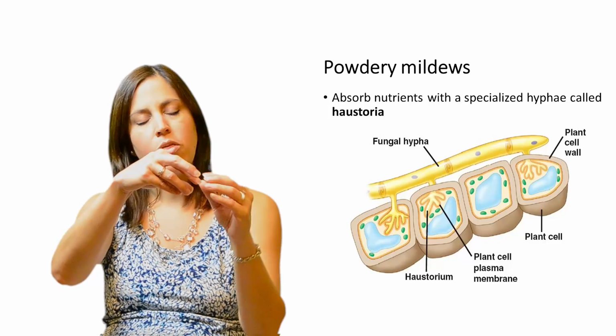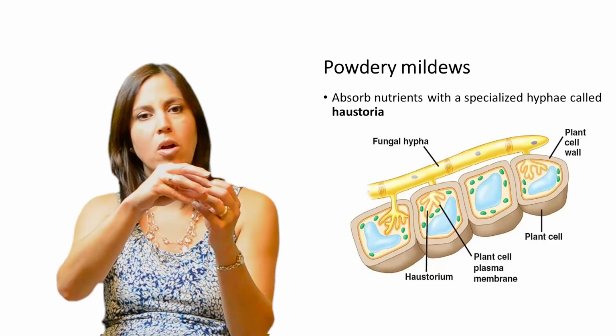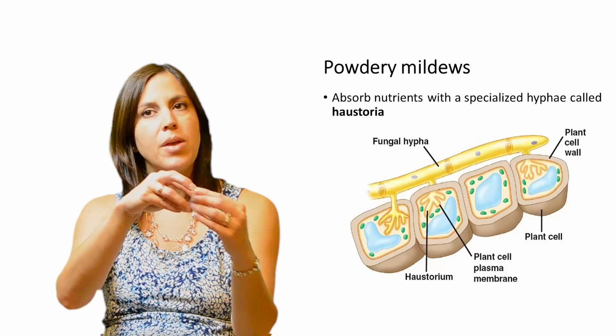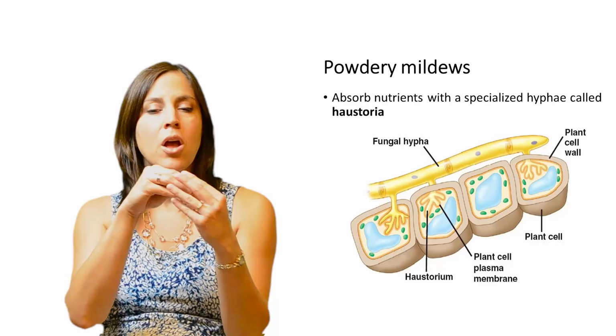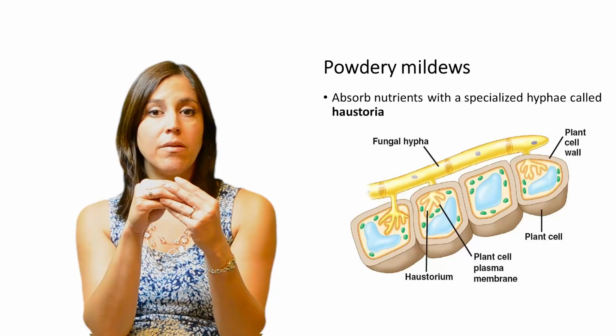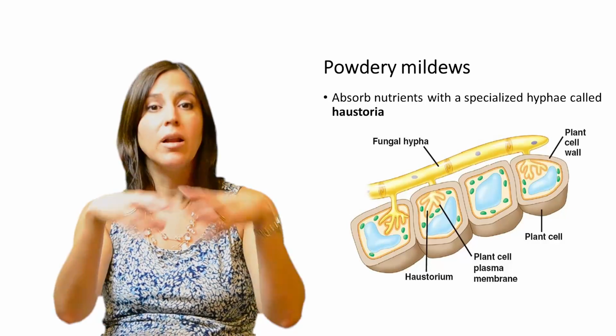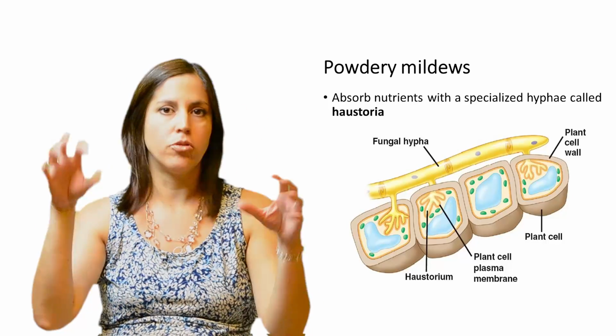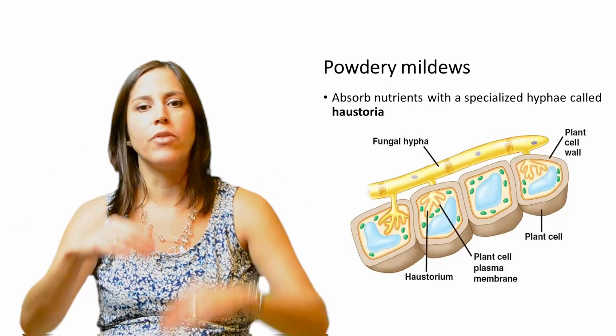Those little arms, as you can see in the slide, absorb the nutrients from the plant cell and then transport them back to the actual fungus that is just growing on the surface.